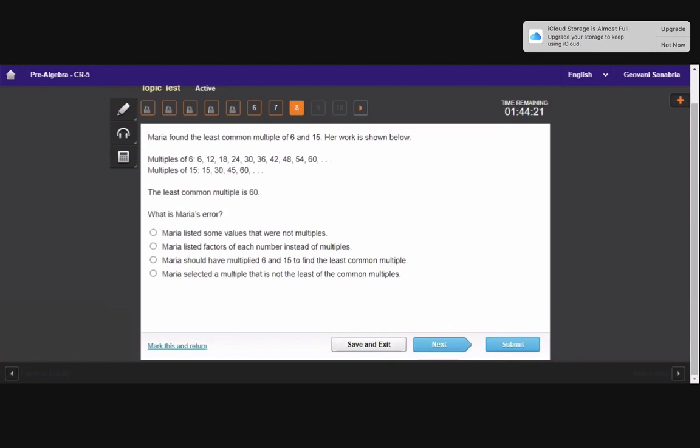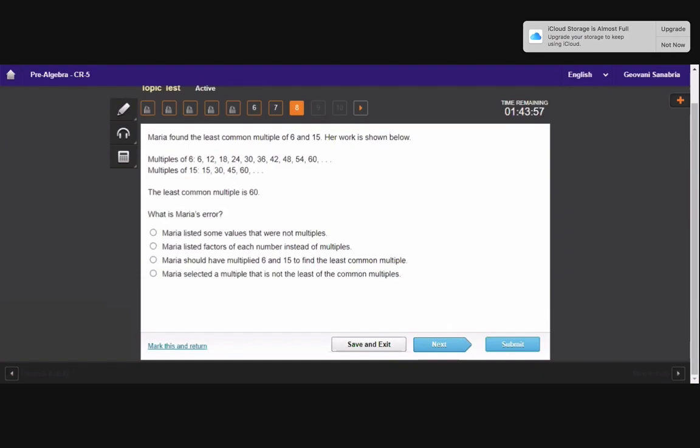Her work is shown below. Okay, so 6 times 1 is 6, 6 times 2 is 12, 6 times 3 is 18, times 4, times 5, times 6, times 7, times 8, times 9, times 10, okay. 15 times 1, 15 times 2 is 30, 15 times 3 is 45, 15 times 4 is 60.